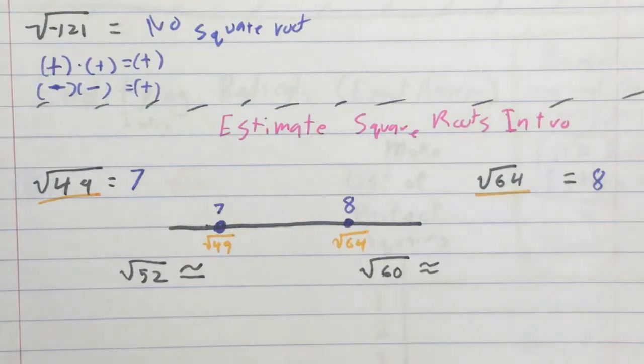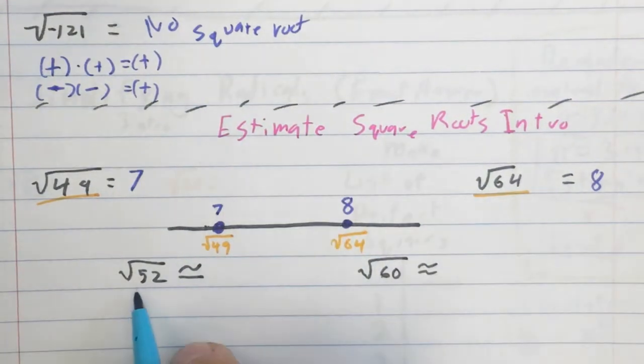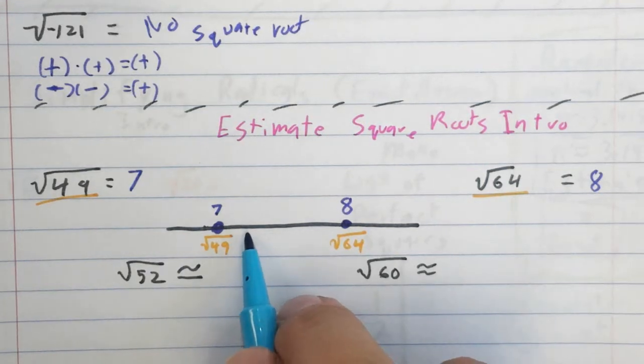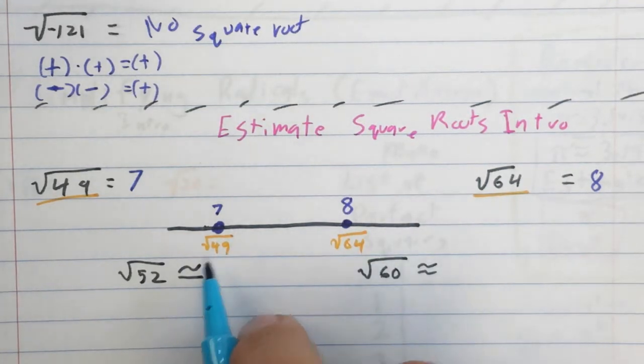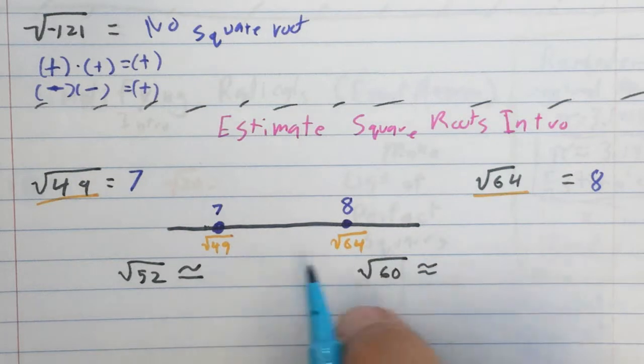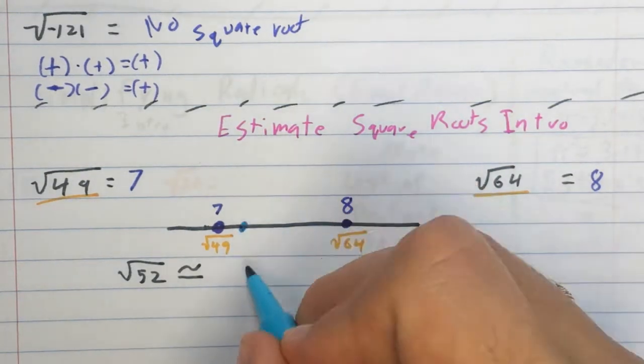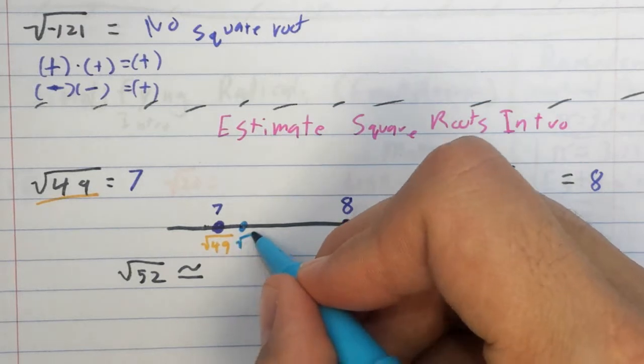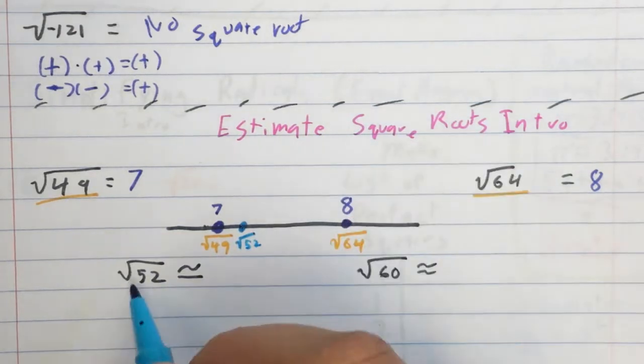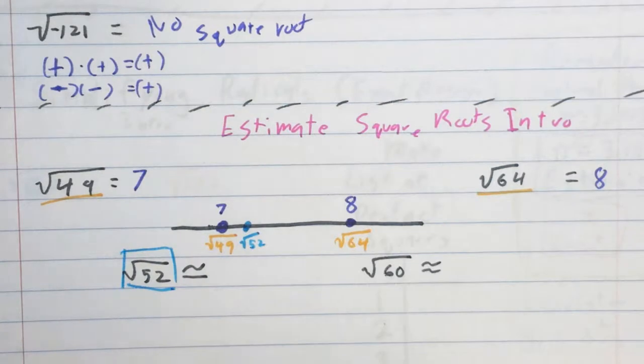So if I'm going to come over here and place the square root of 52, it is probably somewhere between the square root of 49 and 64. I would say it's probably in this general area right there. I would say that's the square root of 52 right there.